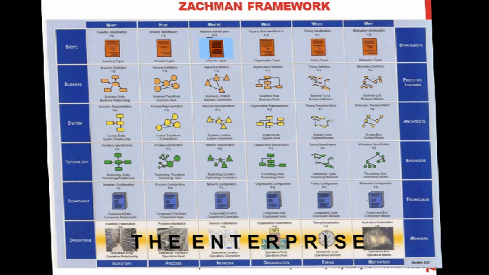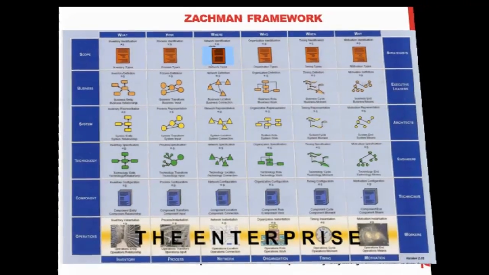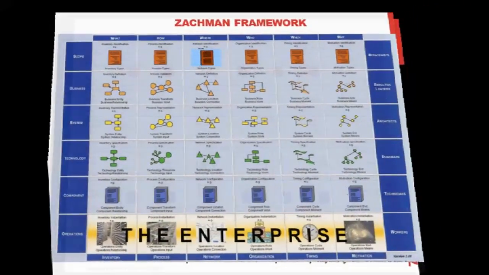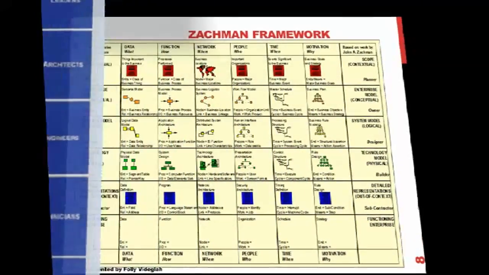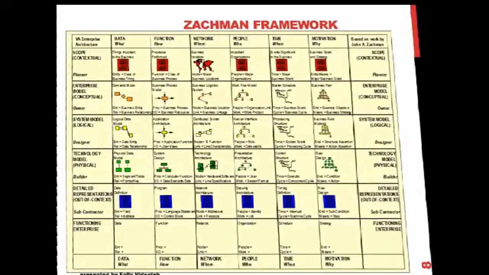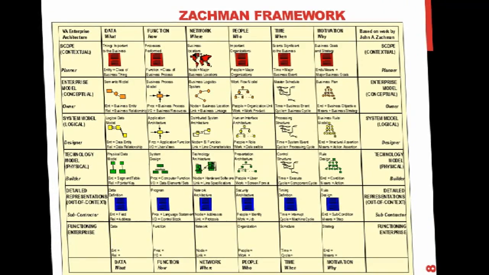Like you have the data area, you have all the functional area, and so on. We are still talking about the same things: the data, the function, the network, the people, the time, the motivation, and the perspective. So all this comes with the Zachman framework conceptual.